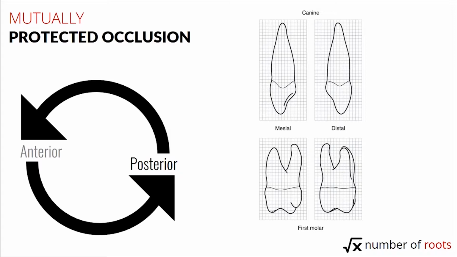So just based on the number of roots and also how the roots are positioned, you can see that the posterior teeth provide a much more stable base to absorb these vertical forces. So think about a tripod versus like a nail. If you were to drive force vertically down into a tripod, you can see that the way that the roots or the pods or the legs are spread out, they can absorb that force a lot more easily than if it's just concentrated on one root.